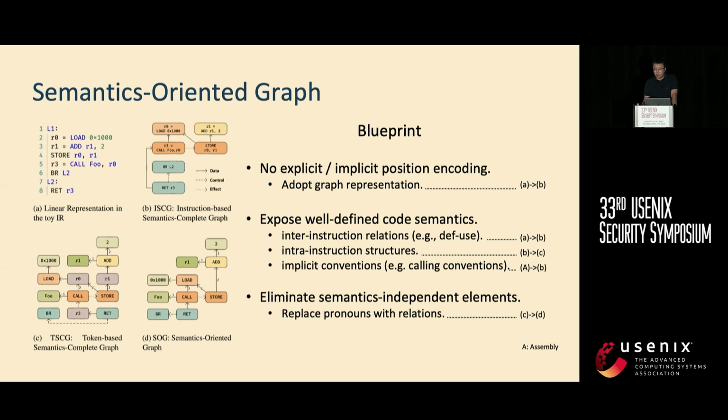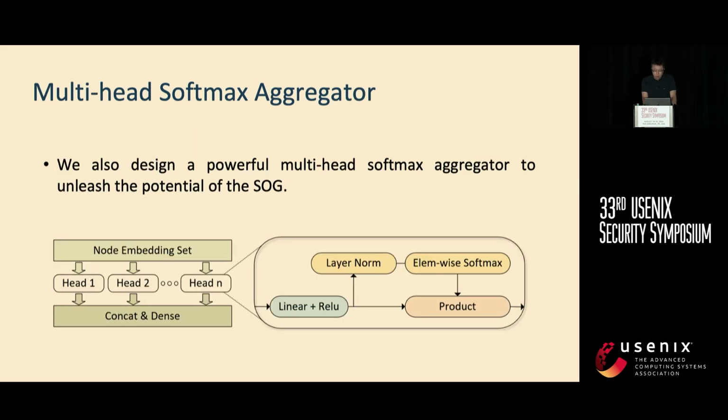And this forms the final representation shown in figure D. Overall, this representation not only reveals the complete semantic structure of the binary code, but also discards unnecessary, semantically independent or irrelevant information.